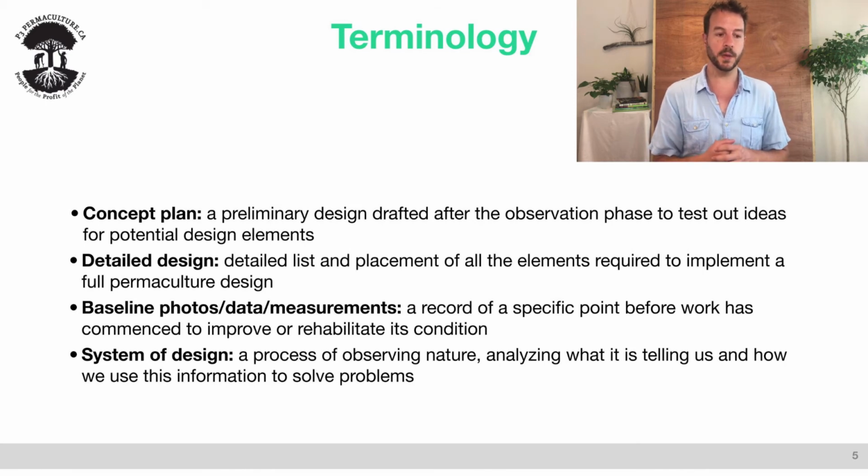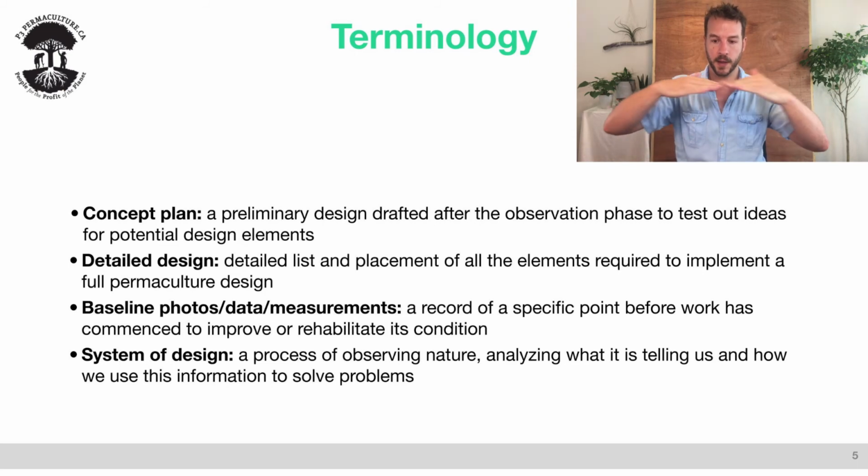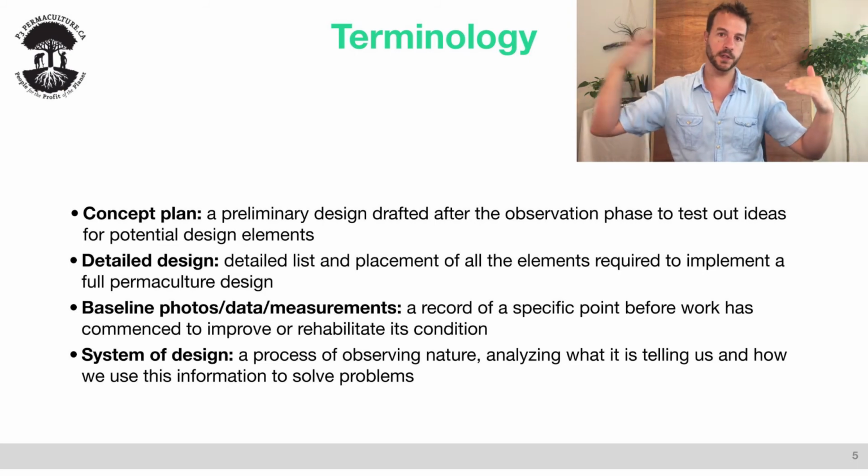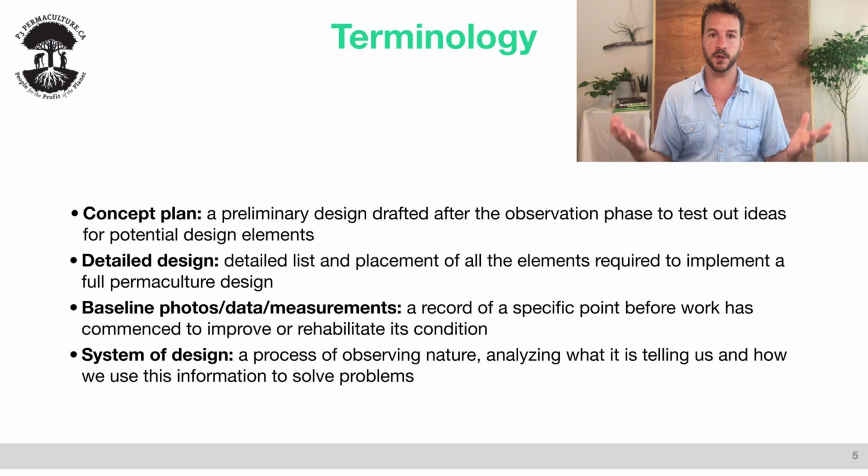The next term is baseline photos. And when I say baseline data, baseline measurements, baseline photos, these are what we use as a benchmark. So a benchmark meaning a measured point that we can then reference to. So a baseline measurement, let's say we're using the Brix reading, which is a measurement of sugars in our foods. We're going to measure the sugars in our carrots and our tomatoes and our apples.